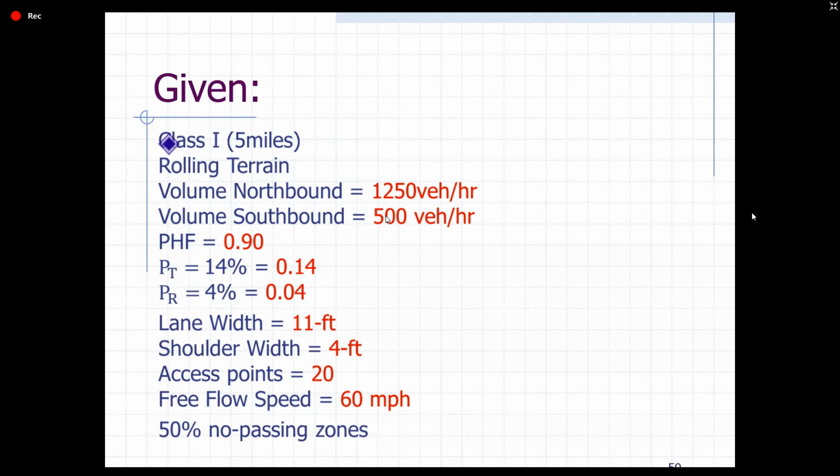So ito siya, you have your volume northbound, then your volume southbound. You have your lane width, you have your shoulder width, access points is 20, free flow speed is 60 miles per hour, 50% no passing zones.